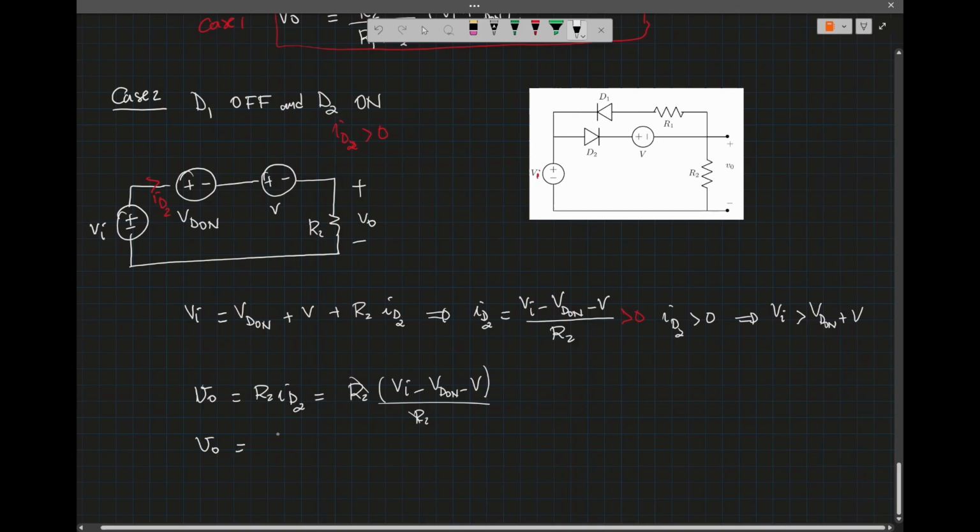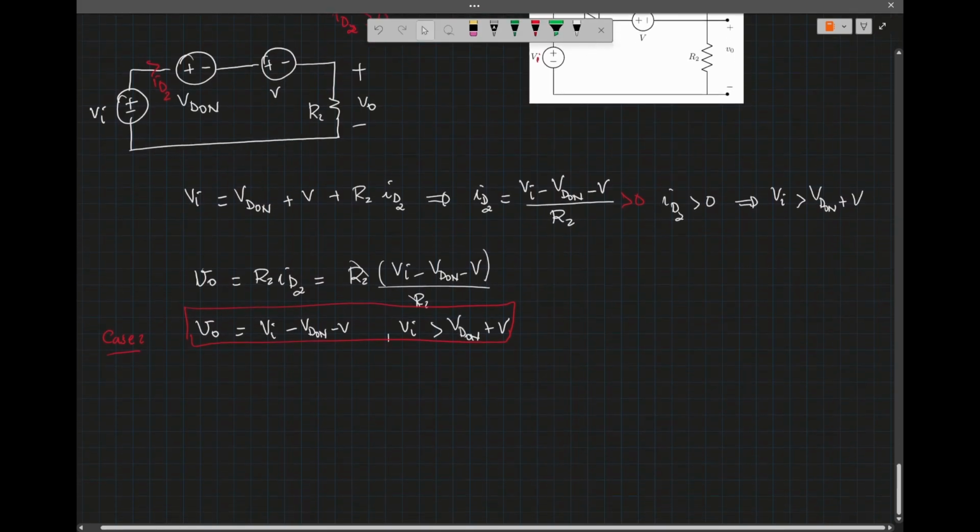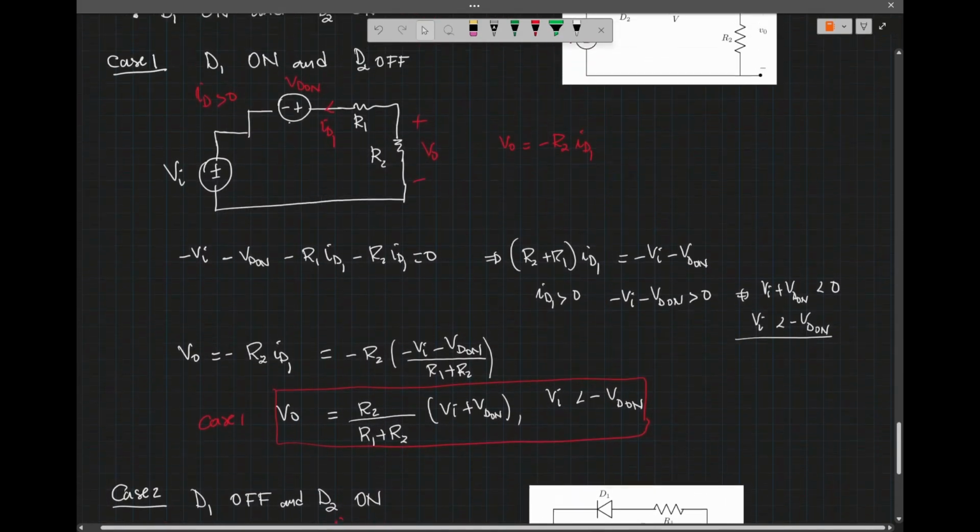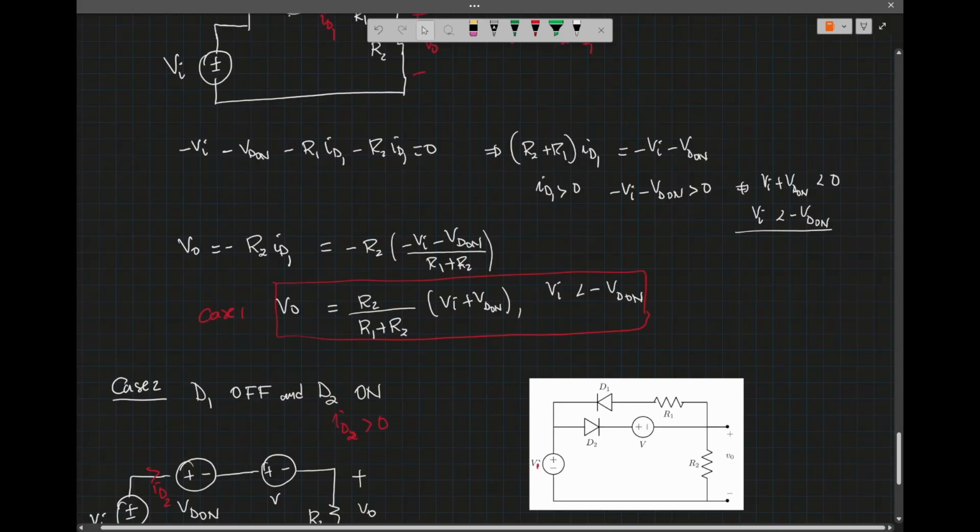I should have found that from the KVL. So V0 is VI minus VD on minus V, when VI is bigger than VD on plus V. That's for case number 2. Box that. So case number 3 is when both diodes are off.